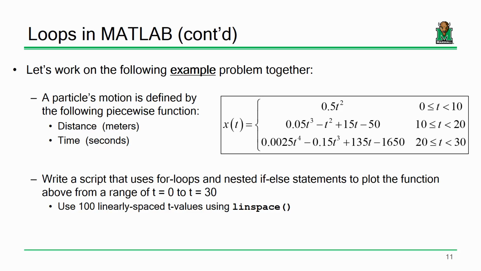And so what we're saying is that it has to be greater than or equal to 0, and less than 10 in order to do the first element within the if. And so if both of those are true, then it's 0.5 t squared. And so the counter is going to go from 0 to 100.